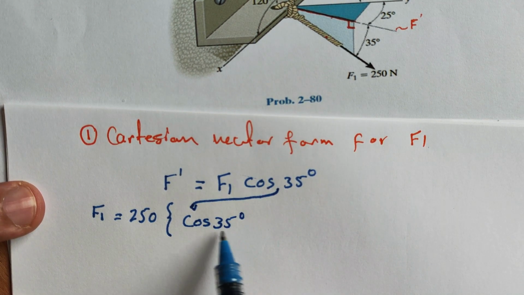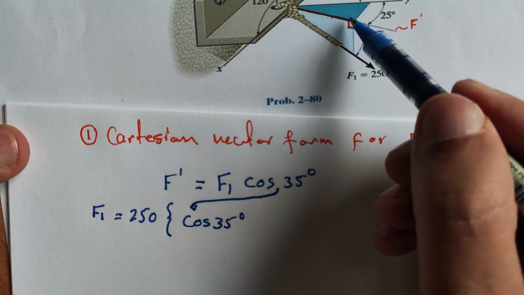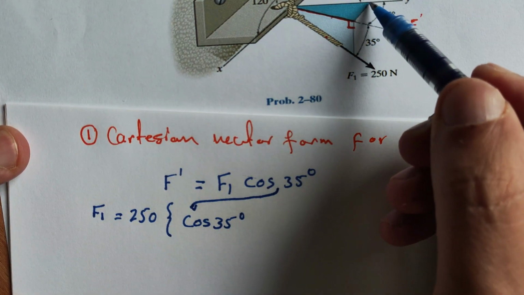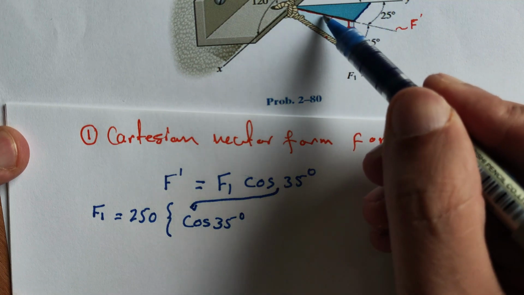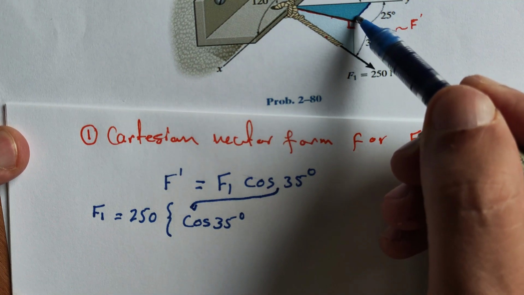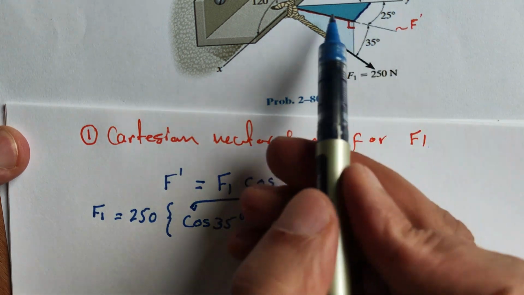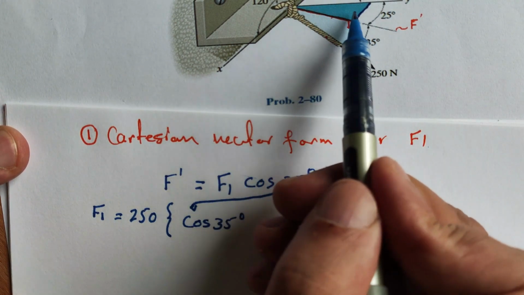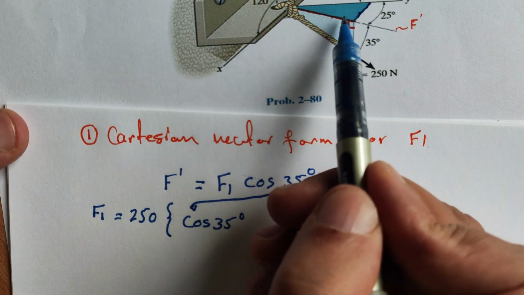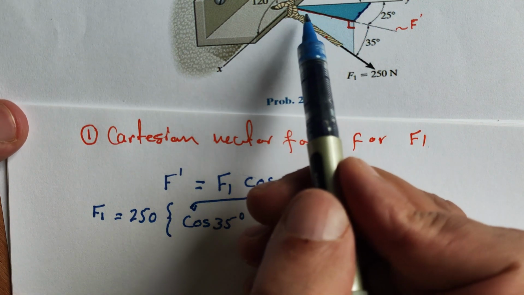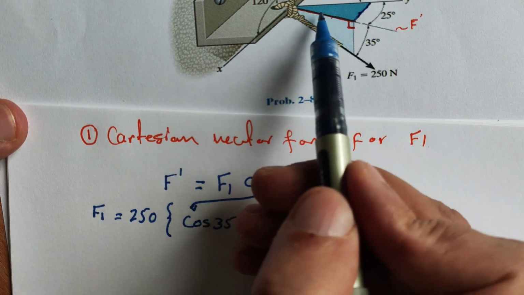Now we're talking about the X component, which is shared with F prime, and this is going to equal sine 25, the opposite over the hypotenuse, where the hypotenuse is F prime.